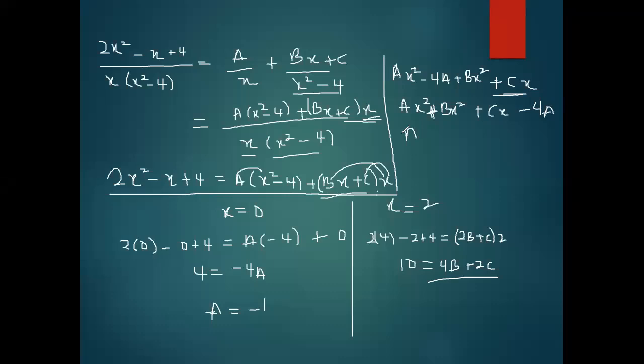If I factorize x squared out, I'll get (a plus b) times x raised to the power 2. Then this side will give me plus cx minus 4a. So this is the expansion for the right side here. I've expanded and rearranged, grouping like terms.